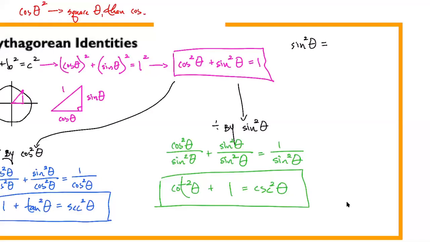Okay, sorry, now you can see it. That's sine squared theta. What is another way that I could write sine squared theta? 1 minus cosine squared theta. Beautiful. 1 minus cosine squared theta. Good. Okay. What's another way that I could write cotangent squared?